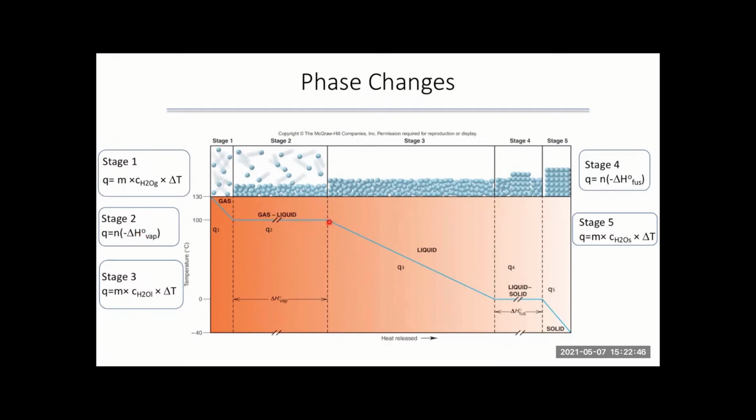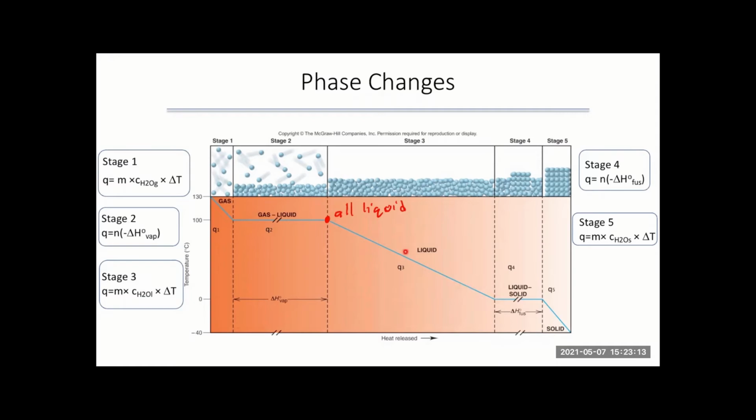And then once all of the molecules go from the gas to the liquid phase, at this point, they're all liquid. Then once they're all liquid, we can continue to cool down the liquid from 100 degrees all the way down to 0 degrees when it freezes.